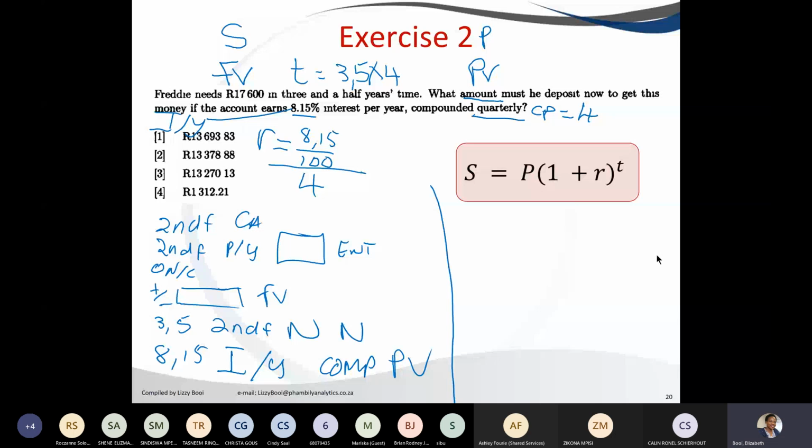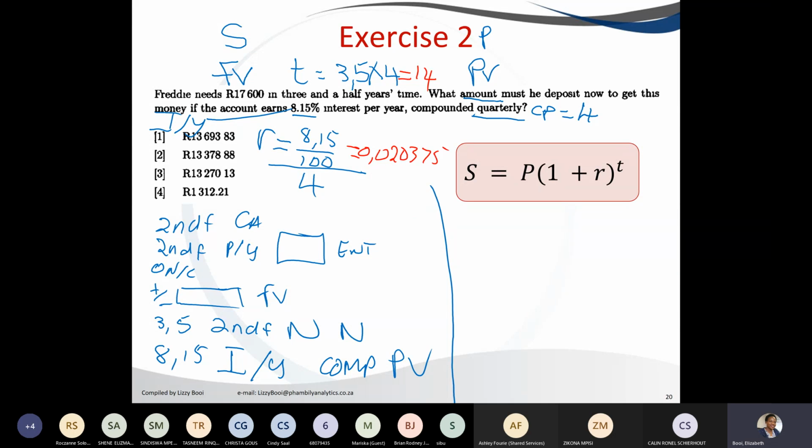So that will be 14, and 8.15 divided by 100 equals, divide by 4 equals 0.020375. Remember, interest you do not round off, so you write the whole number as you see it.